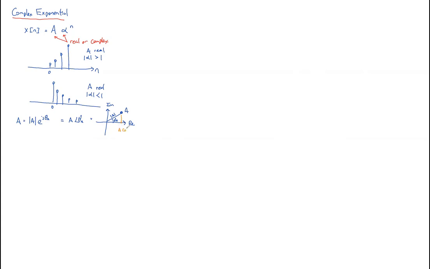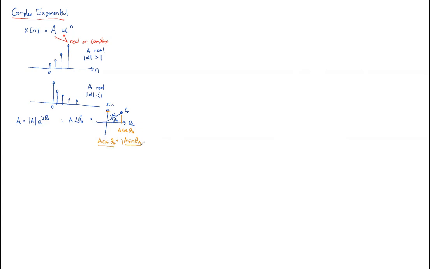It's equal to A cosine theta A. And it has an imaginary part that would be A sine theta sub A. And then you could write the whole thing together in rectangular notation as A cosine theta A plus j A sine theta A. So this is what it would look like in rectangular coordinates, where this is just one real number and that's another real number.